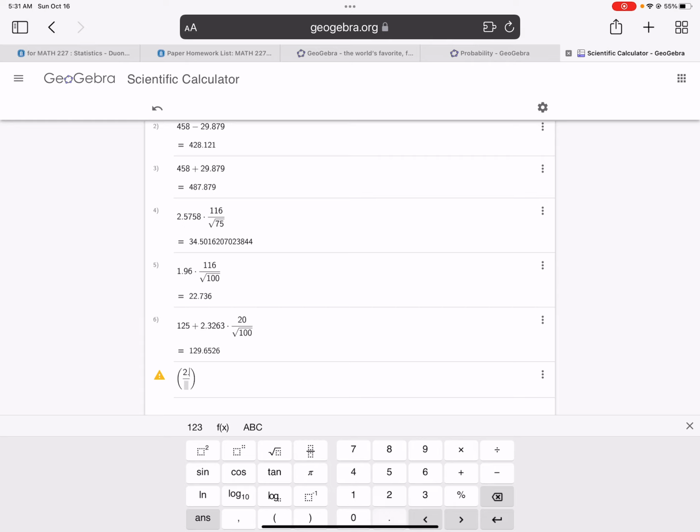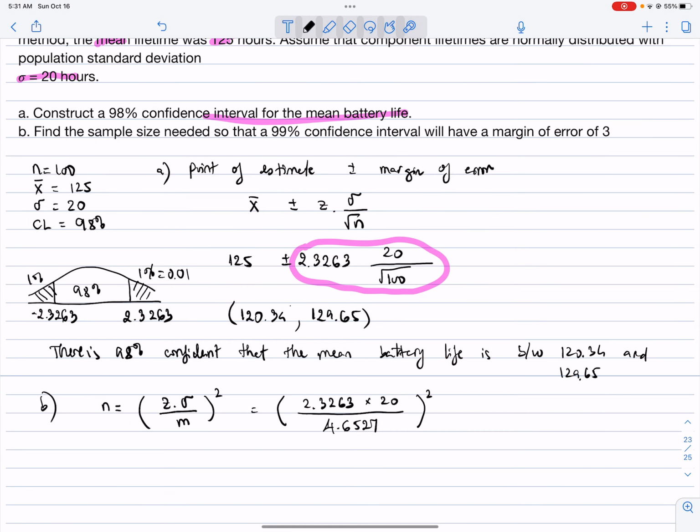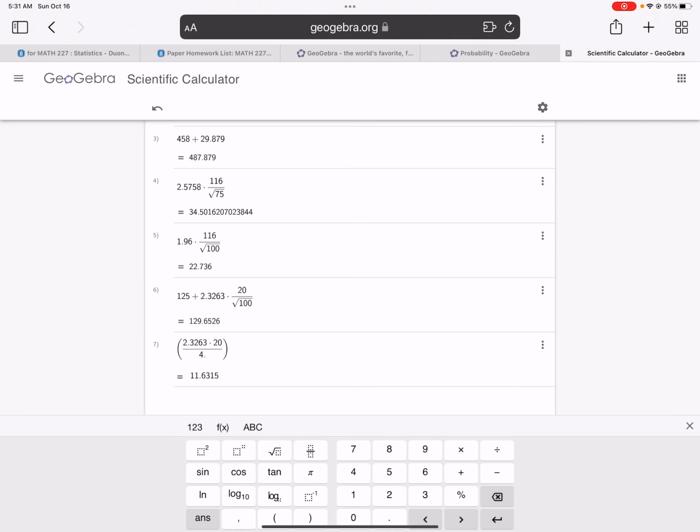So 2.3263 multiplies sigma, which is 20, and divided by m. Margin of error is 4.6527, and I forgot the m. And then you exponent 2. So we got 99.99.